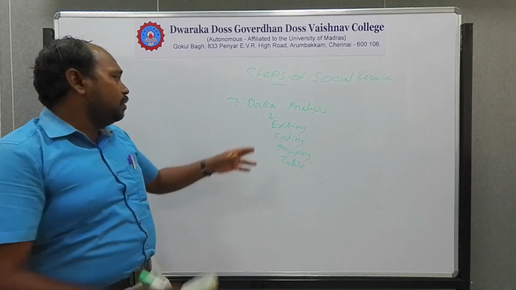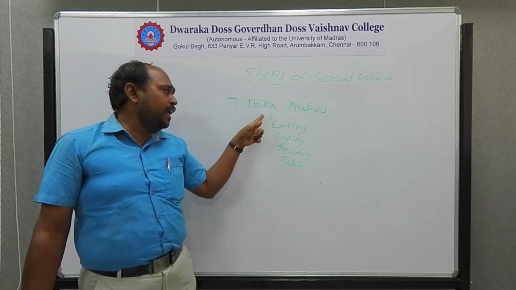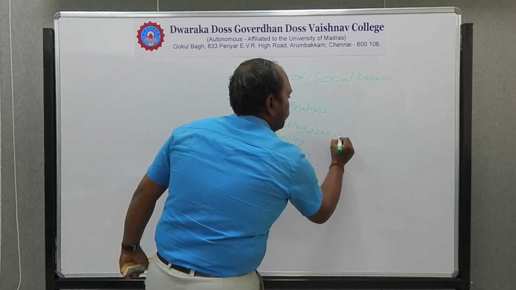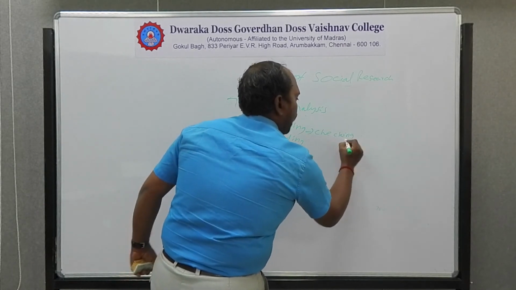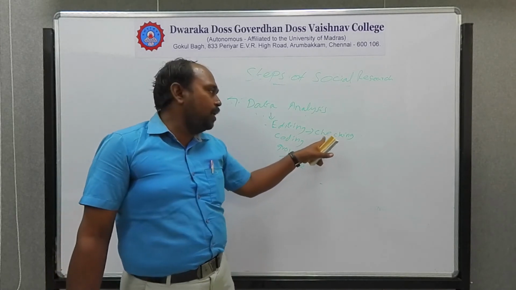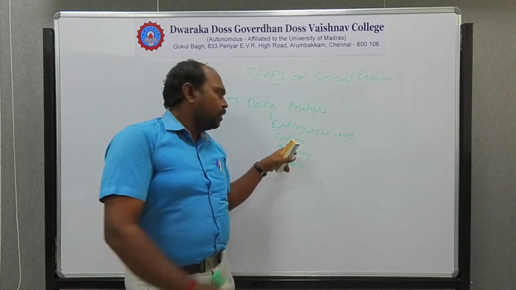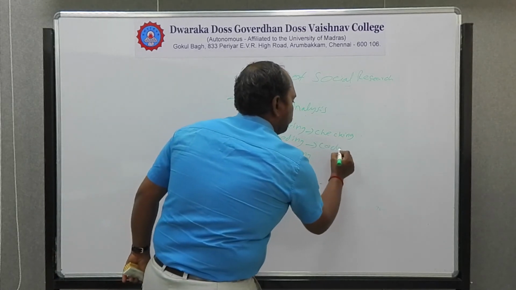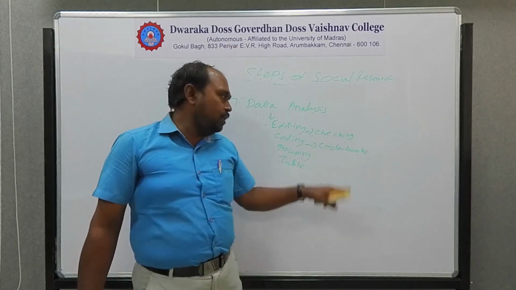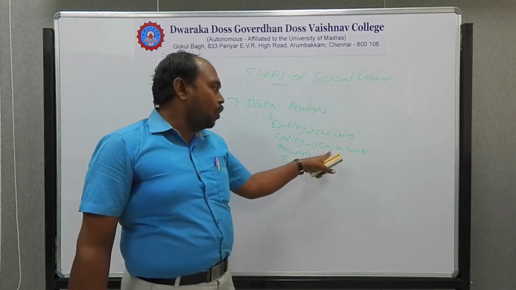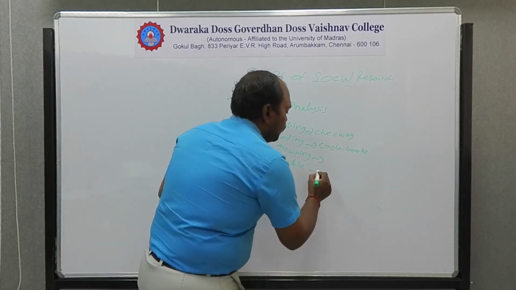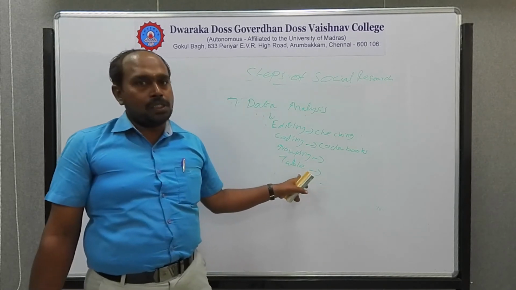Okay, so before going for data analysis, the data should be edited. Edited means checking whether all the questions have been answered, and if there is any correction, it has to be incorporated. Then coding, you should prepare the code book. All the qualitative answers should be quantified, and with that code book and coding, you can group the data. Then finally, it will become a tabulation.